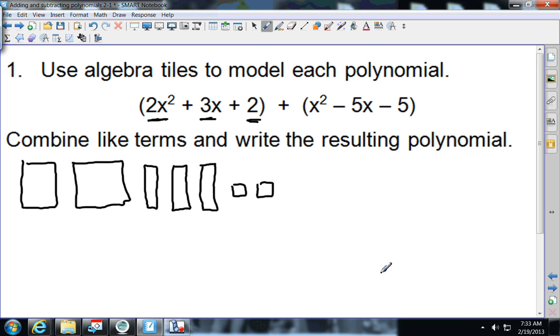Okay, so now from here, this says plus, so I'm adding all this stuff in this parentheses. It has 1x squared. Then it says minus 5x. So let's draw 5 of those negative x's.